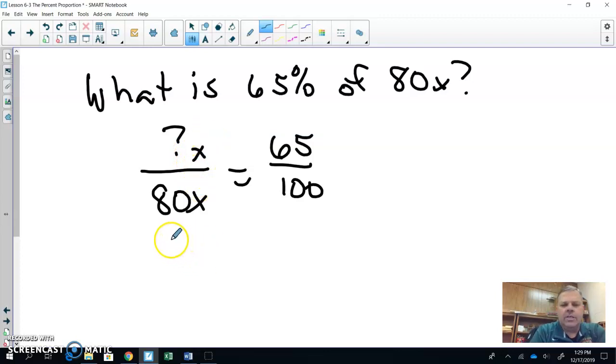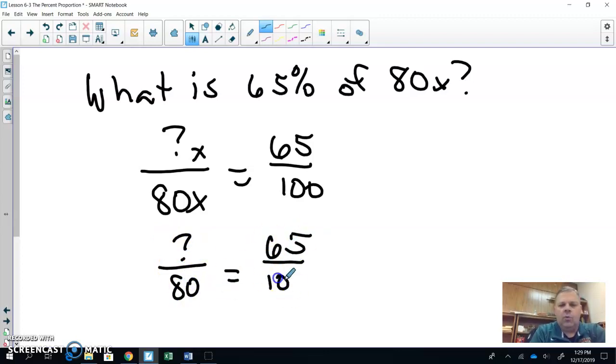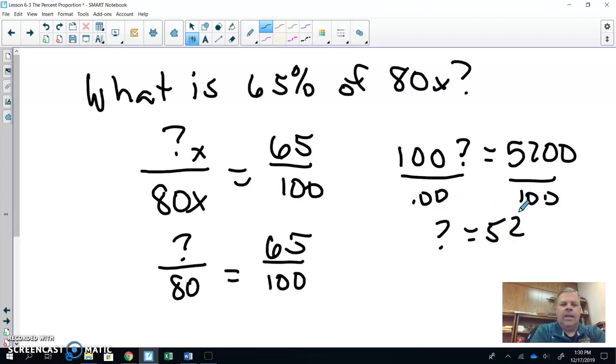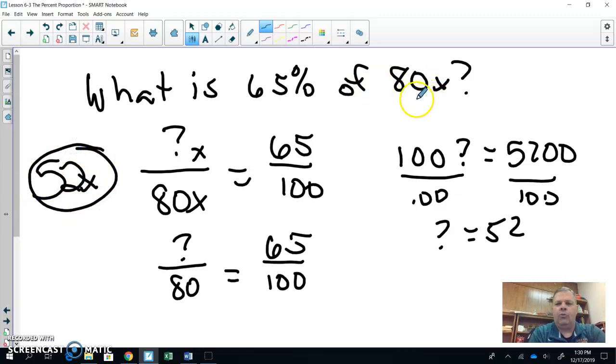So basically what I have is something over 80 equals 65 over 100. When I do cross multiply, I end up getting 100 question mark equals 5,200. When I divide by 100 on both sides, I get question mark equals 52. 52 is not my answer. My answer is actually 52x because my whole thing is 80x. So my answer of what is 65% of 80x is 52x.